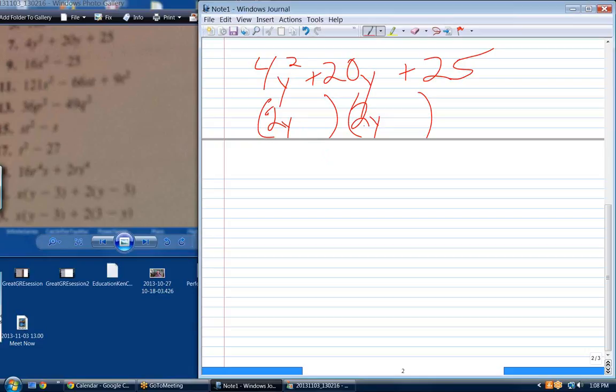What are the signs? The same, which means they're plus. What are factors of 25? 5 and 5, 25 and 1. Does 5 and 5 work? 10 and 1. Yes, it does.